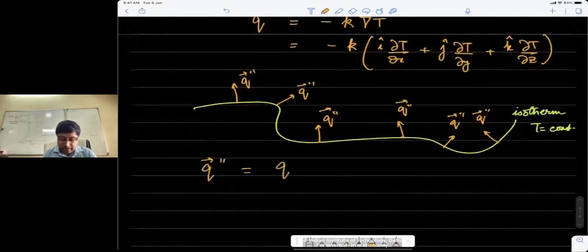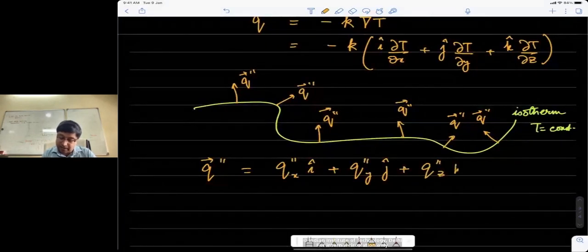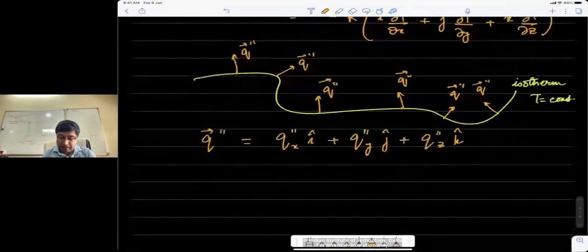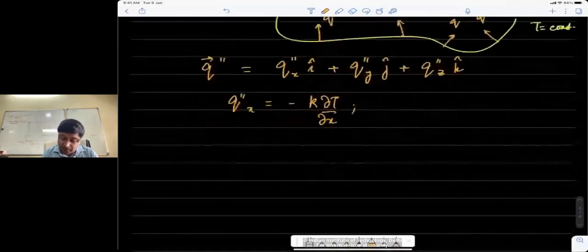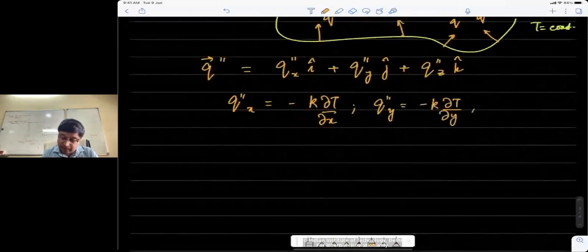For instance, I can write flux as q double dash x i cap plus q double dash y j cap plus q double dash z k cap, which basically means that q double dash x is minus k, and now I should actually write partial derivatives, dT/dx, q double dash y is minus k dT/dy, and q double dash z is minus k dT/dz.